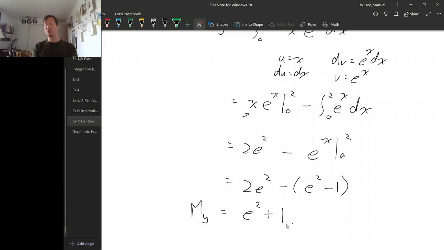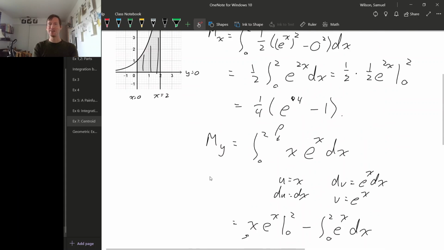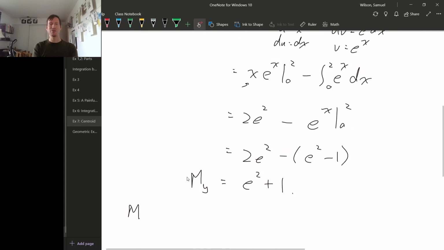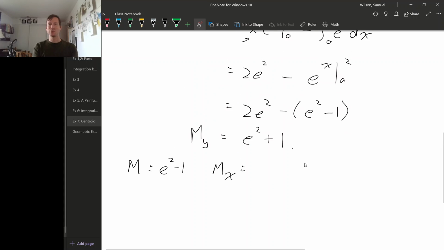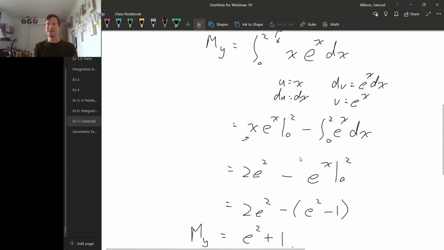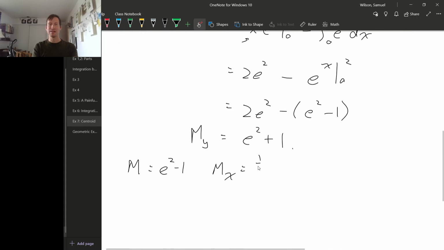Okay, so now we have all the pieces we need. The mass was e squared minus 1. Moment about the x-axis was, I don't remember, 1/4 e to the 4th minus 1. And moment about the y-axis is e squared plus 1.